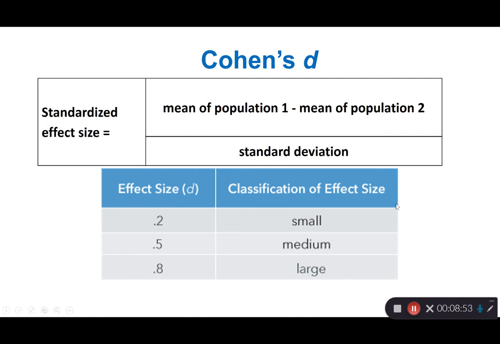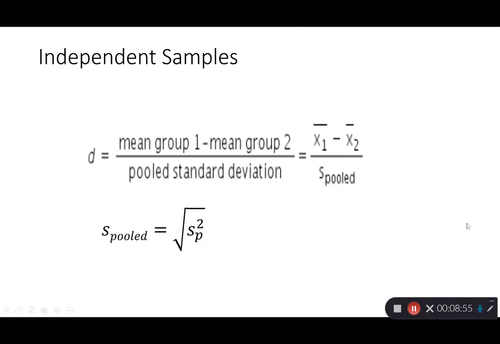For the independent samples t-test, Cohen's d is calculated in this way. The mean for group 1 minus the mean for group 2 divided by the pooled standard deviation. Now this is where I went off the rails in the last slideshow. The pooled standard deviation is the square root of the pooled variance. Right?